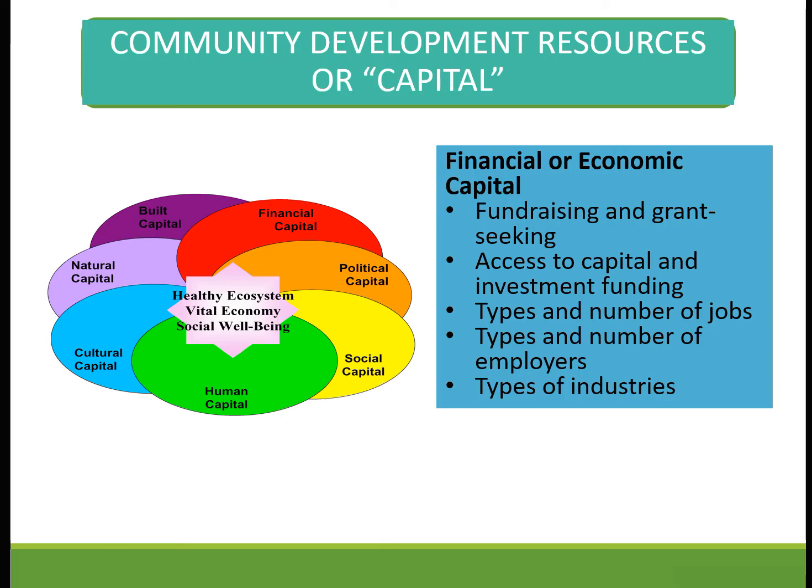For example, if a community only has part-time jobs that provide no benefits, etc., for someone, then that's not really the strongest type of financial and economic capital that you want in a community. You want to have a variety of jobs that are part-time but mostly full-time, and different industries as well, so that your community isn't just relying on one industry at a time. You don't want to be putting all your eggs in one basket.